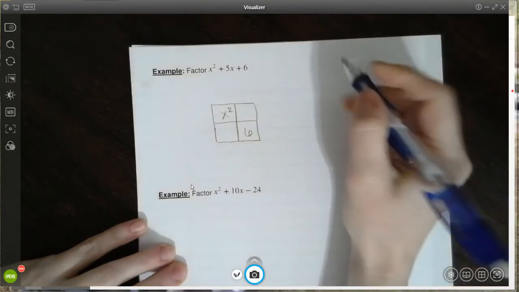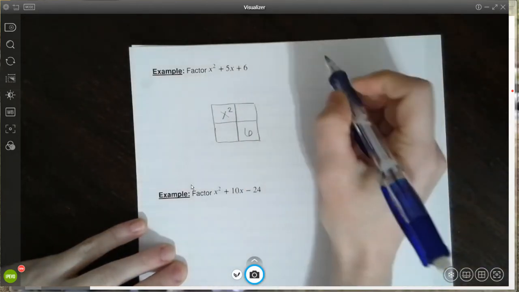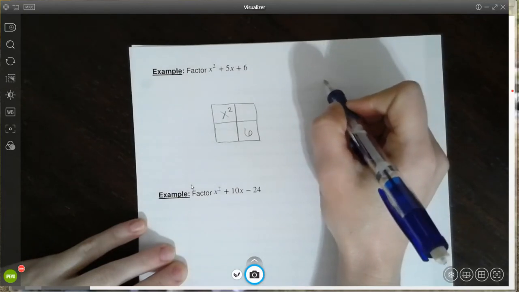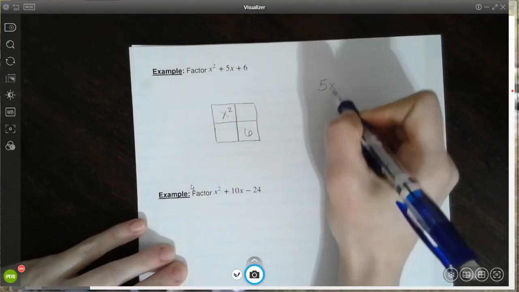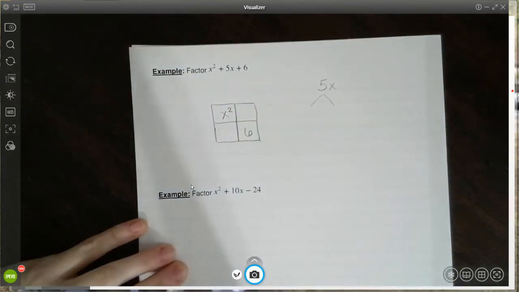So here's how I think of it. I'm going to take the 5x, and I'm going to figure out what I could split 5x into. How do I get 5x when I add two things together?